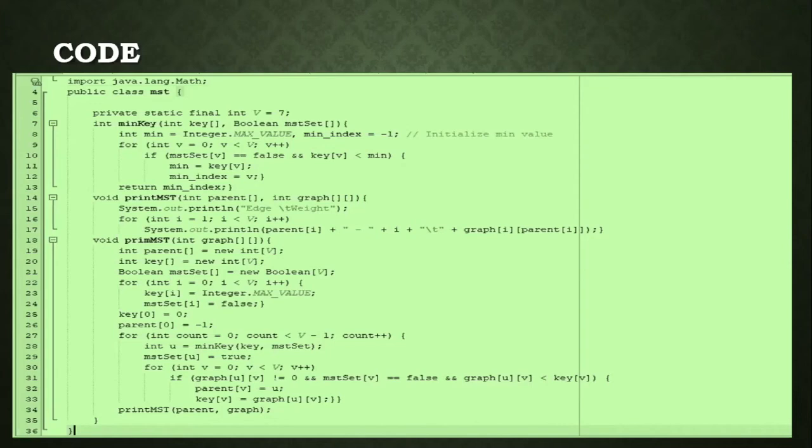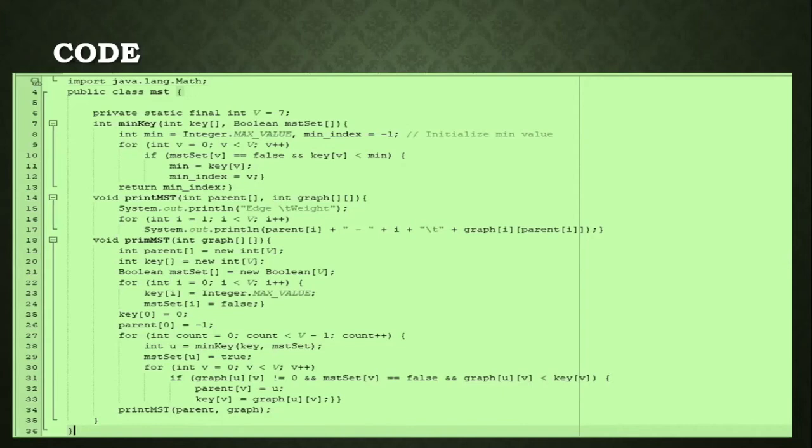We will take the minimum value for the vertex, and then the minimum index equal to V. That means whatever the weight for that vertex is, we'll put that in V.